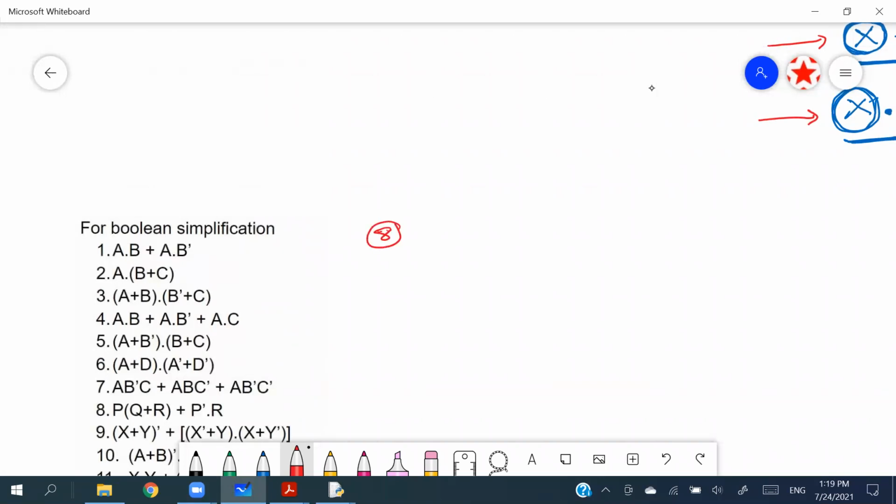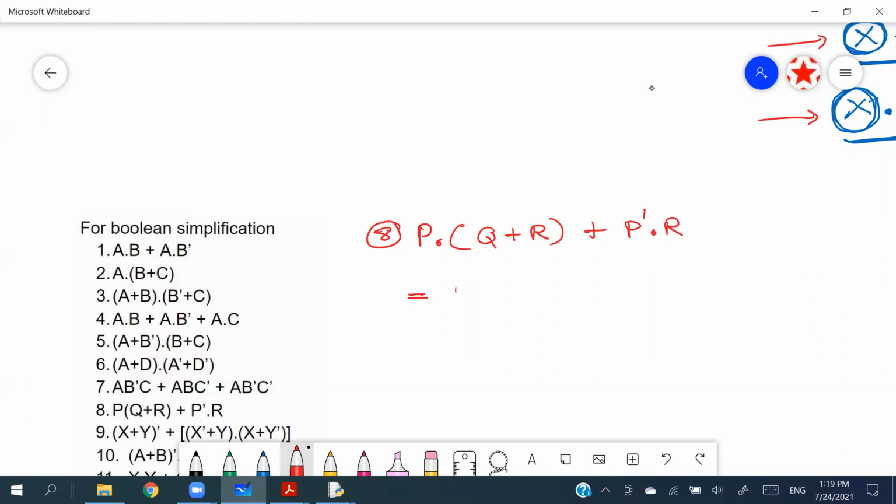So the 8th question, P dot Q plus R plus P dash dot R. Yeah, so we can't see any common things straight away, right? So we can see a bracket, so we can apply the distributive law.